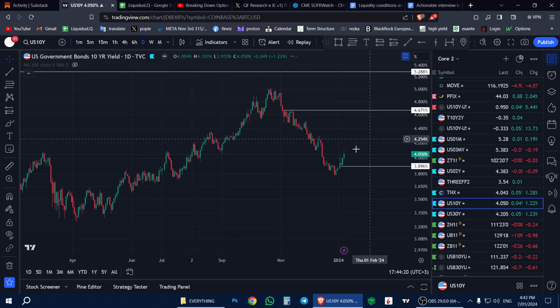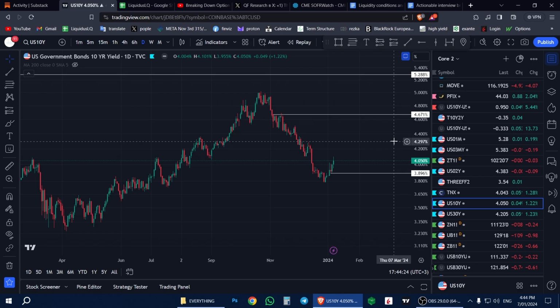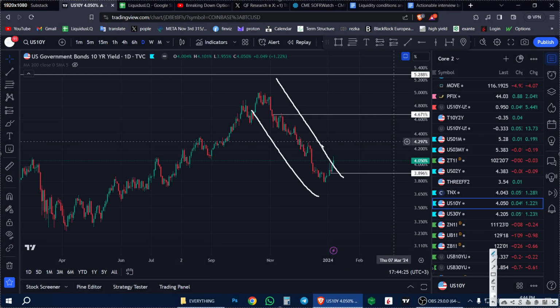Just an ordinary repricing of rates higher after this exhaustion move, which happened on the back of a positive QRA announcement and then a couple of positive CPI reports, and we priced in a lot of cuts. I mean, a lot of cuts. Yes, they pivoted.